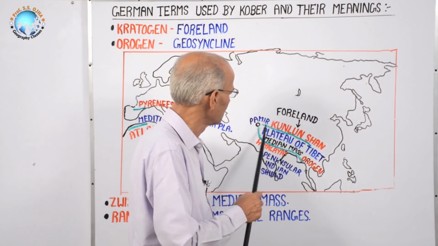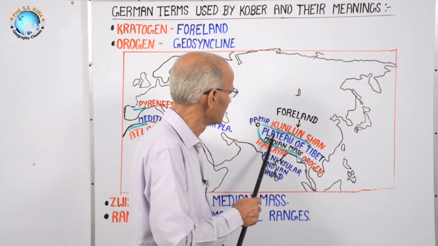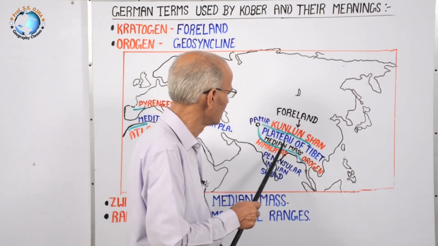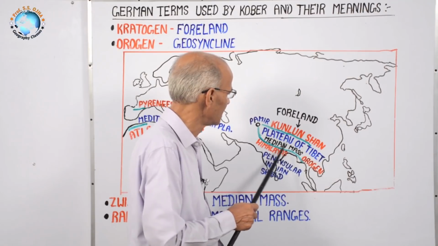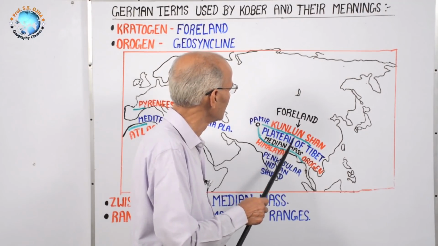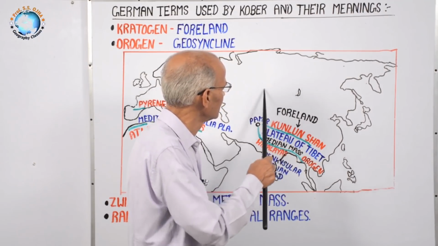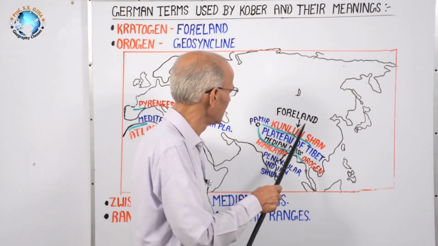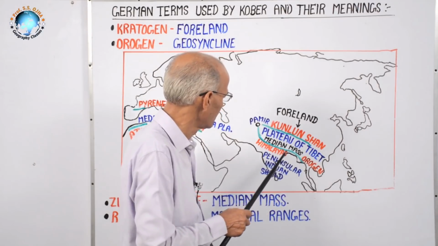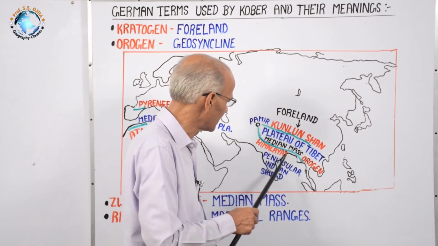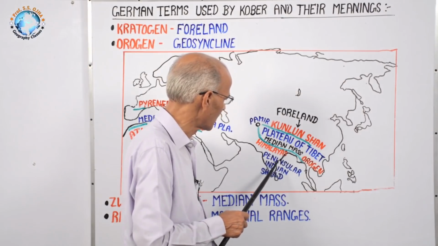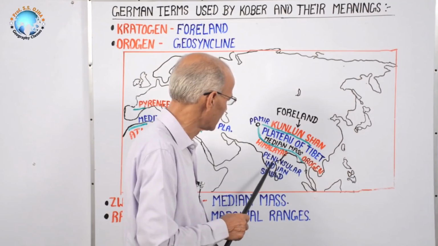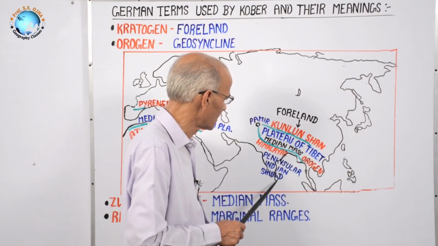Between Himalayas and Kunlun Shan there is the Tibet plateau. Tibet plateau is also one of the good examples of median mass, and here the Siberian shield was supposed to be the foreland in the north by KOBER. In the south, the peninsular Indian plateau was supposed to be the foreland, and it was part of Gondwana land.